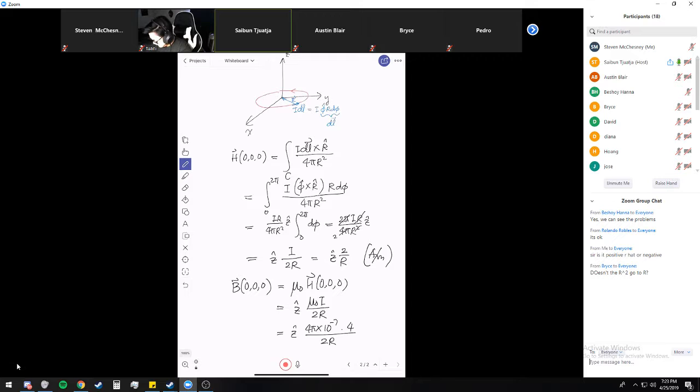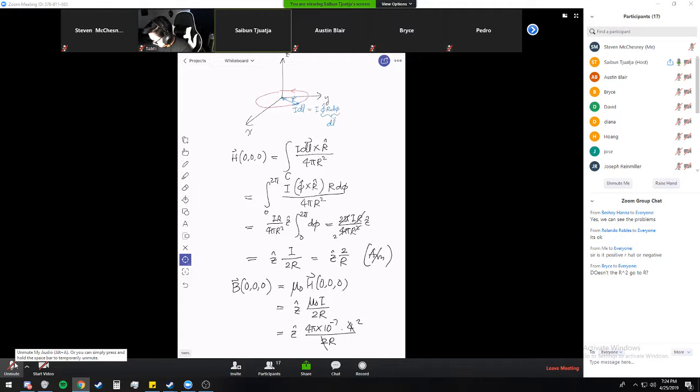R is unknown. So basically you have 8 pi times 10 to the minus 7 divided by R. Any questions on this? So this is the first part. Now the key thing is that this is a vector.